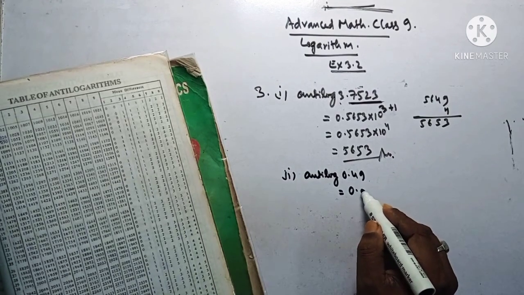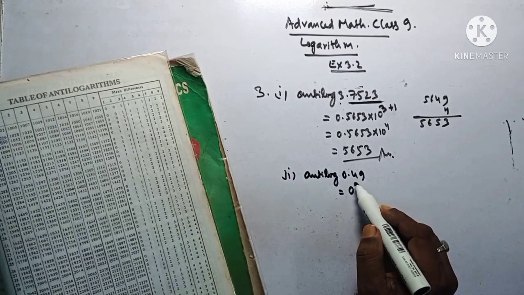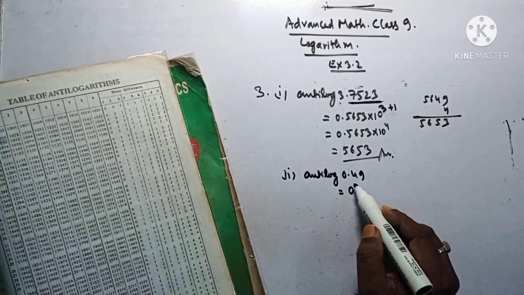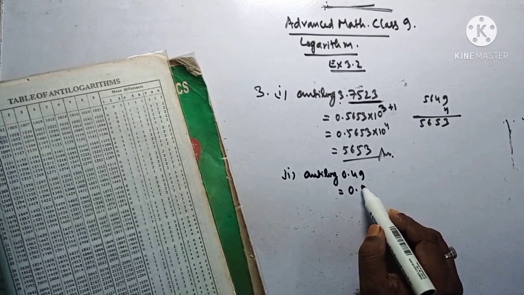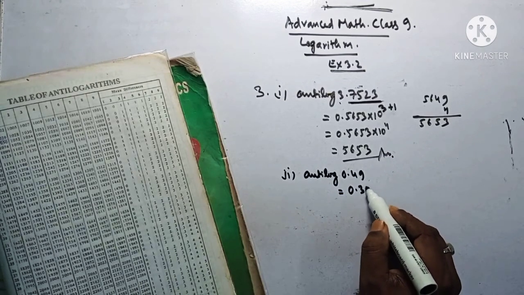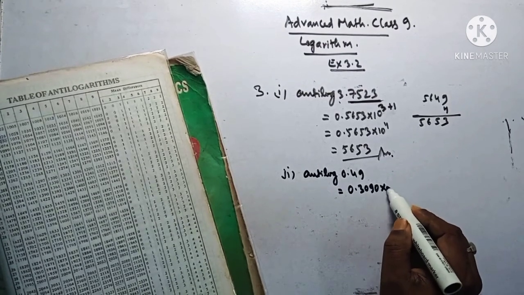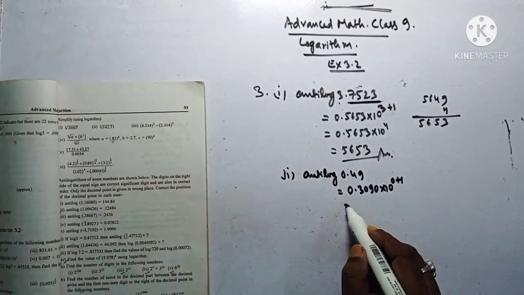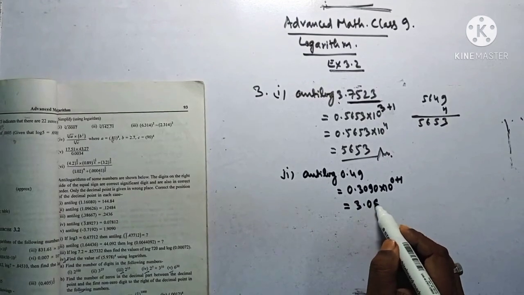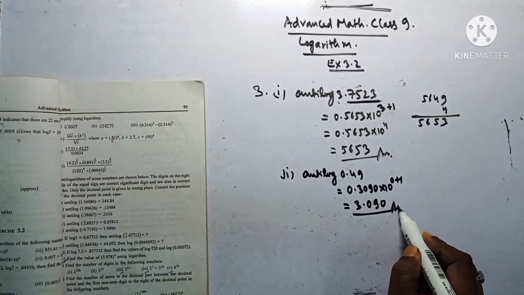Always you have to write the value of antilog after the decimal. So this will be 3090 into 10 to the power of your characteristic 0, 0 plus 1, so this comes out to be 3.090. This is your answer.